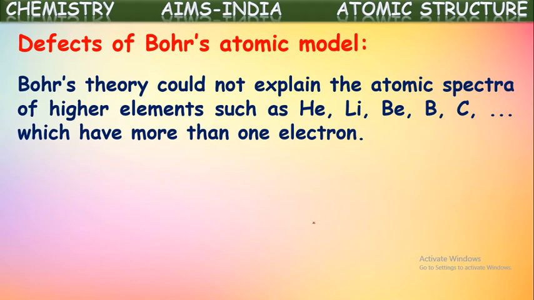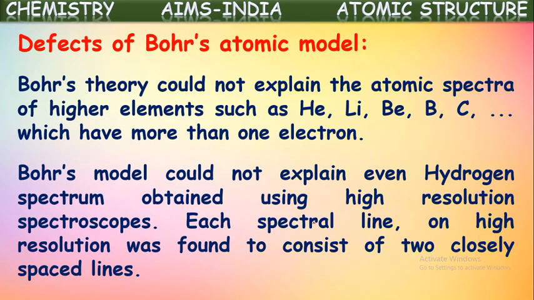This theory could not explain the atomic spectra of atoms with more than one electron. It is applicable for only single electron species like hydrogen or hydrogen-like ions, which contain a single electron. This is a major drawback or limitation of Bohr's model of atom.